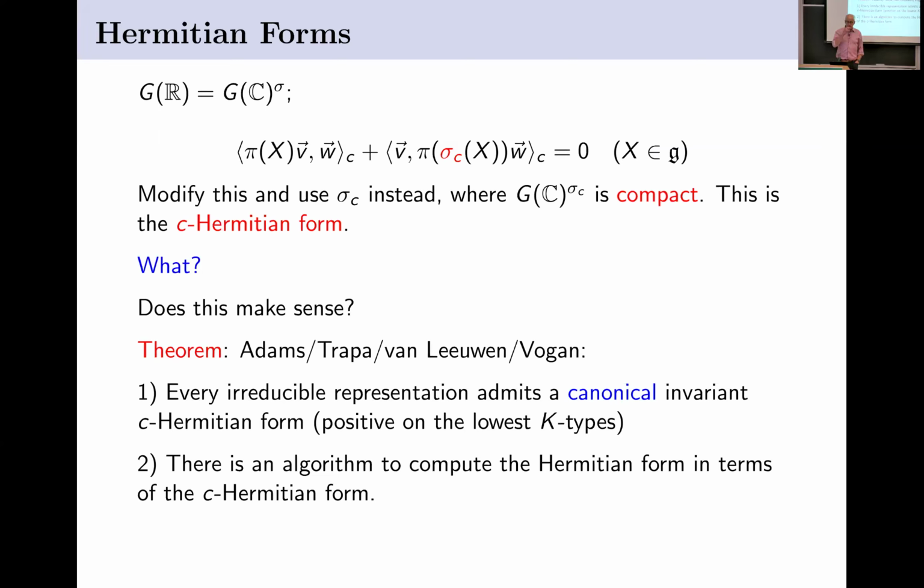That's an excellent question. So the question was, do we know that there's some computation that we need to do on a finite set of K-types. And in a sense, the answer is yes. In principle, there's a finite set of K-types where if you check that the form is positive definite on those, then it's positive definite. That set is huge and impractical, but we do have a finite calculation in the end.